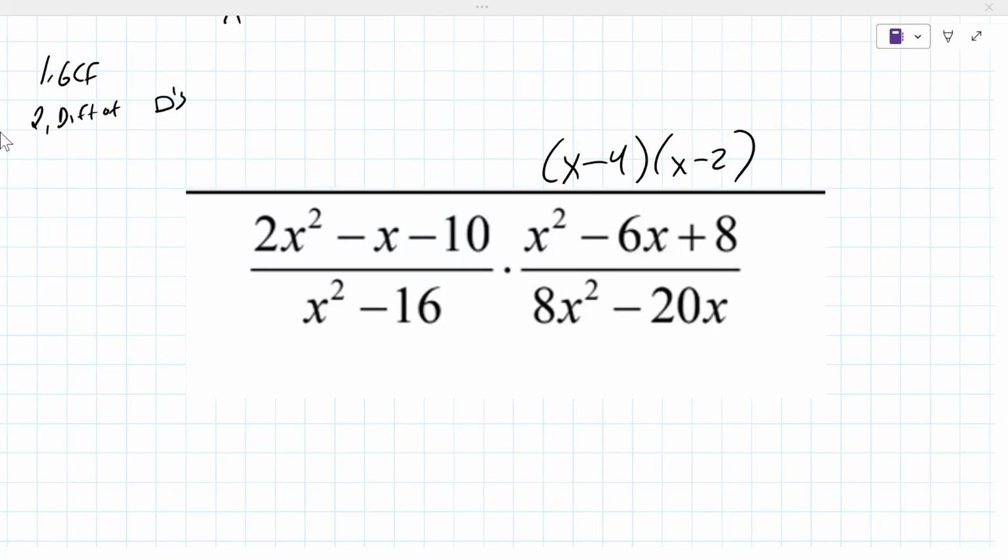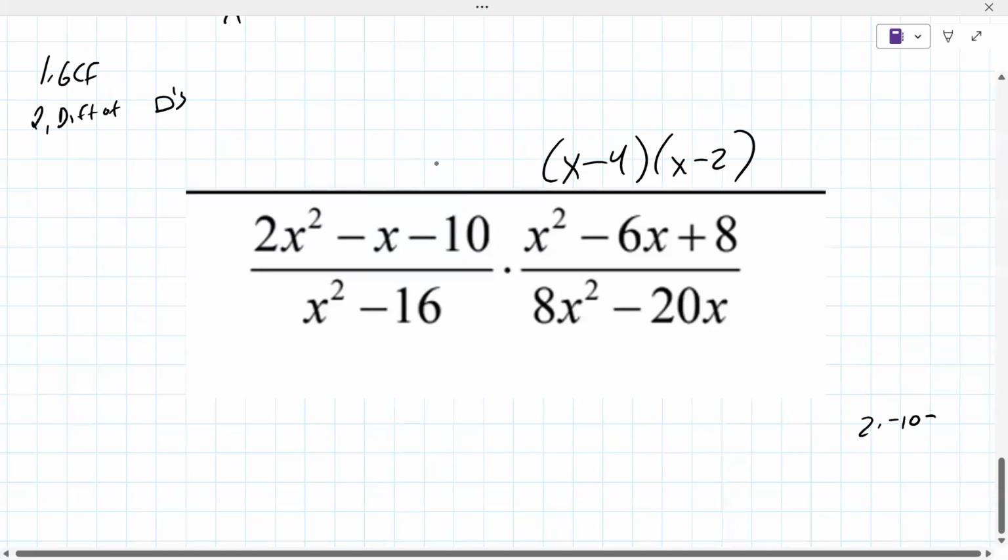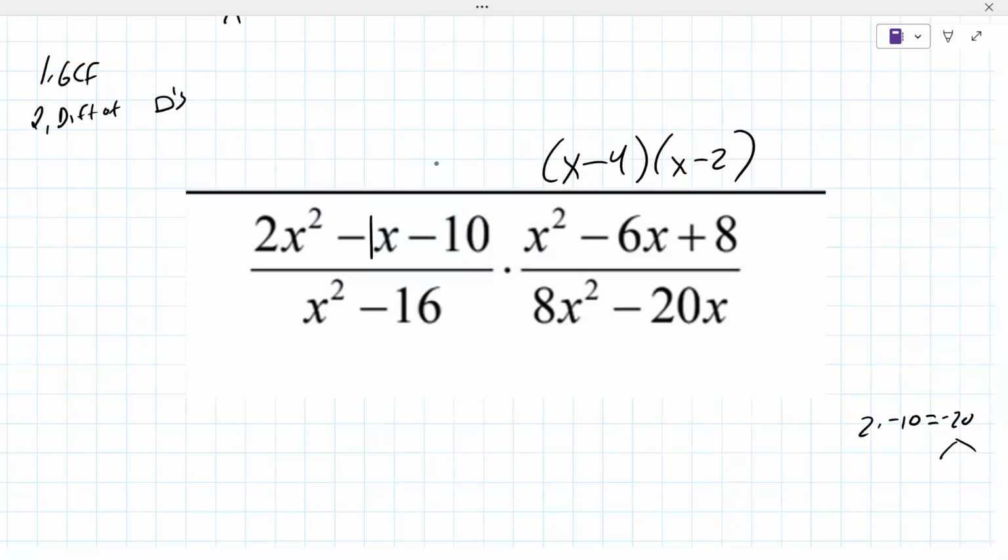On which one, the top left? Yeah. So for the top left, the process is you multiply the first and the last. 2 times -10 is -20. Then you look for two numbers that add up to -1. So you end up getting, for 2x squared, -5 and 4. So plus 4x minus 5x minus 10.